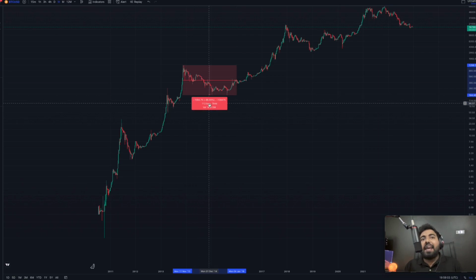Okay guys, 86% has been decreased from Bitcoin's value at the top in the previous bull cycle high. From the previous bull cycle high to this bear market bottom, it decreased how much? 86%. First we got 93 or 94, then 86% of its value has been decreased.